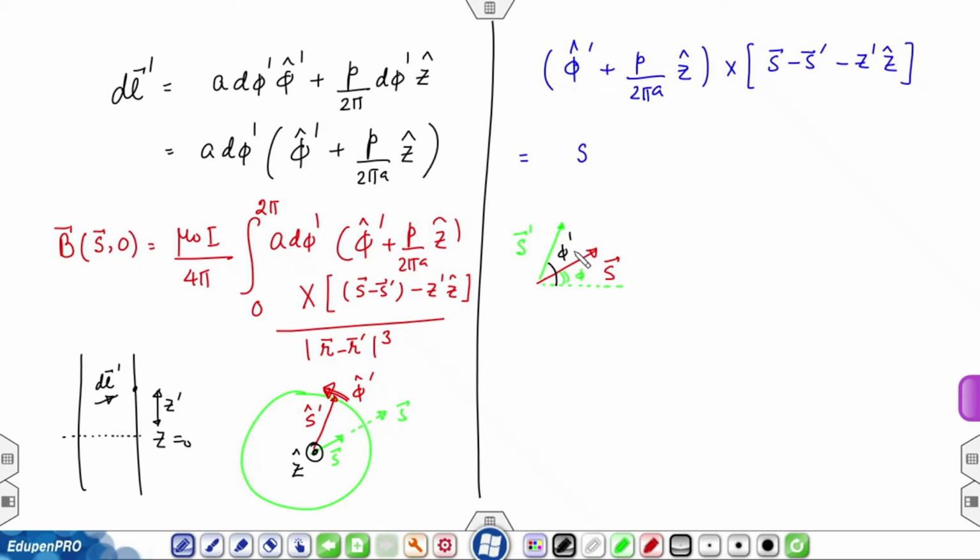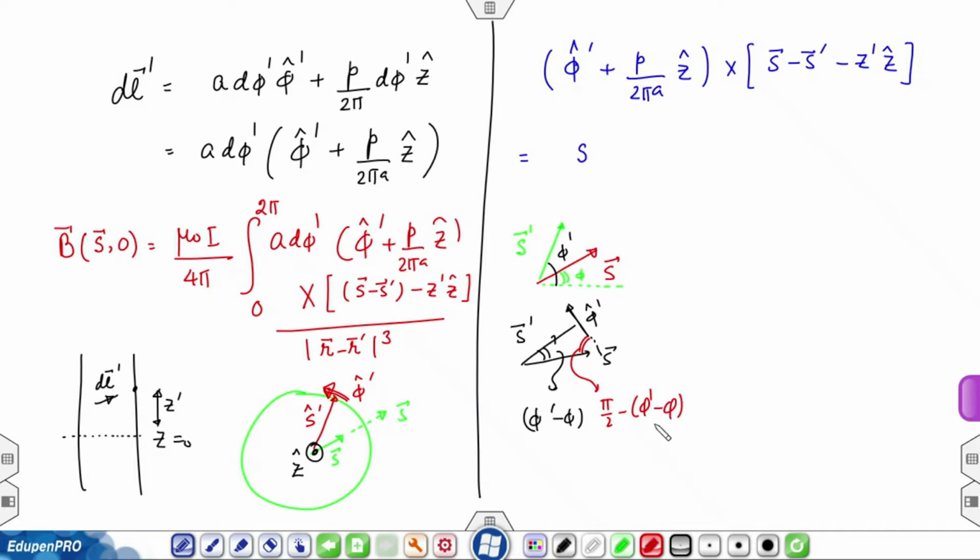So, the angle between s and s prime is phi minus phi prime. So, let us make it again. s prime, s, this angle is phi prime minus phi, and perpendicular to s prime is phi prime. So, the angle between phi prime and s is pi by 2 minus phi prime minus phi.